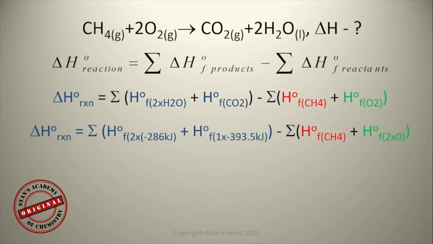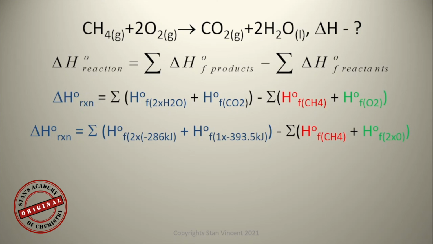So substituting the values, delta H0 reaction is equal to the sum of the enthalpy of water. There are 2 moles of water in the equation, therefore 2 times minus 286 kilojoules plus 1 times minus 393.5 because we have 1 mole of carbon dioxide. Those two are the products, minus the reactants.